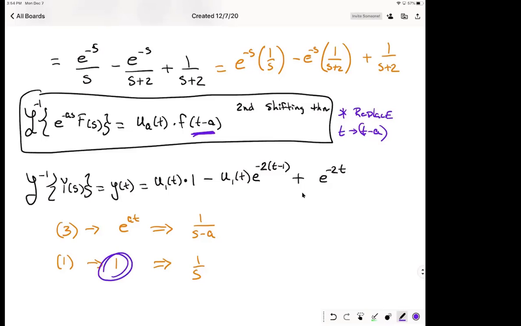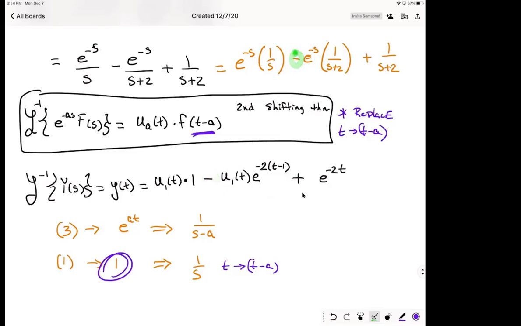So there's no place to put a t. So when I replace the t with t minus a here, well, there's no t, so it's just 1. Now with the second term, that's a different story. So here, minus is minus.